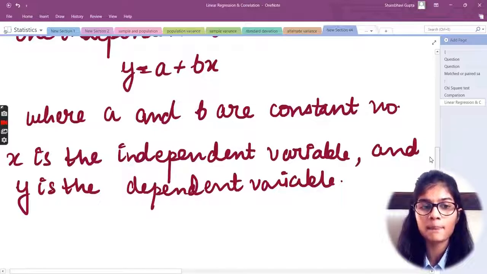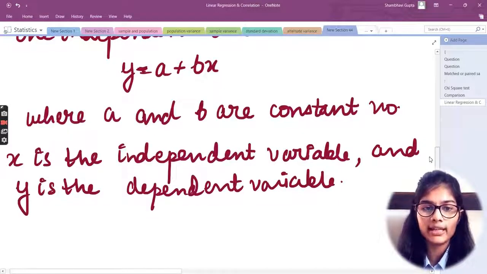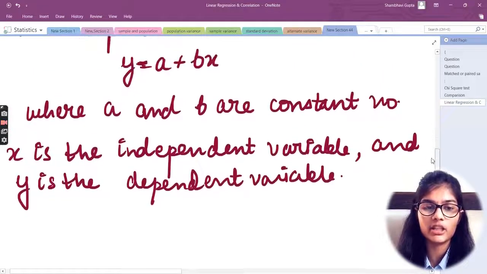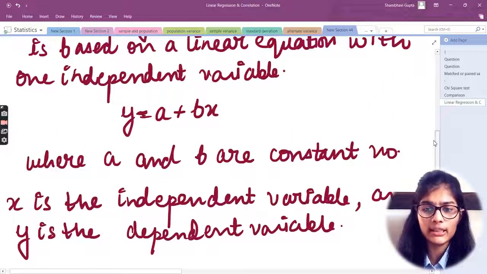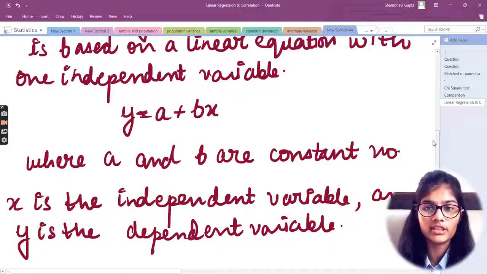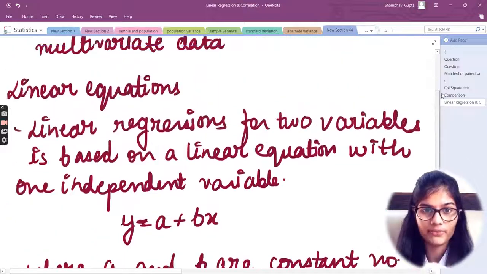What about x? x is the independent variable and y is the dependent variable. It completely depends on what variable you set as dependent and what variable you set as independent. You choose a value to substitute for the independent variable and then solve for the dependent variable. Hope I am clear with this.